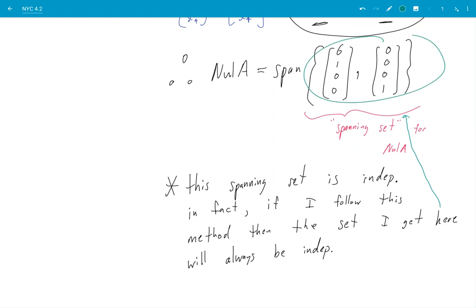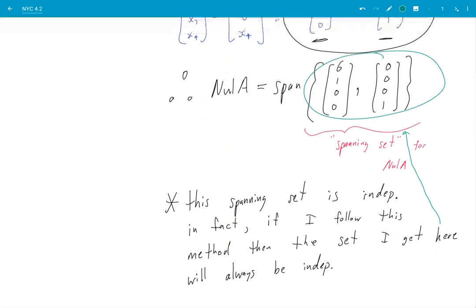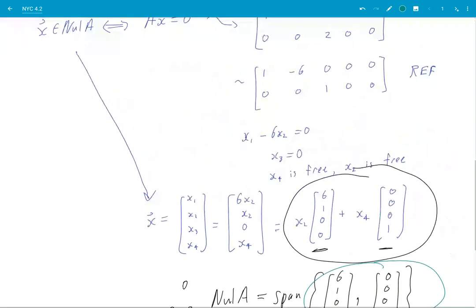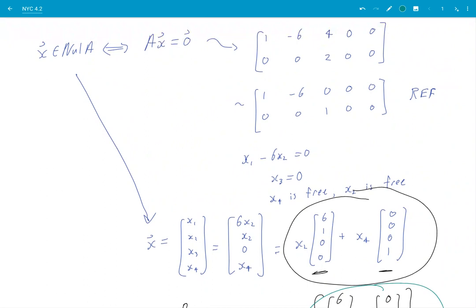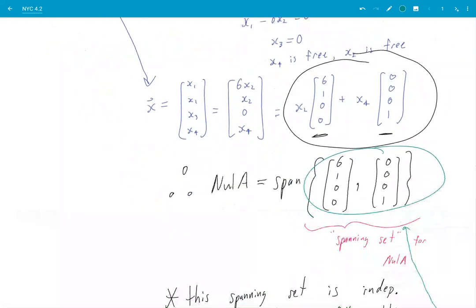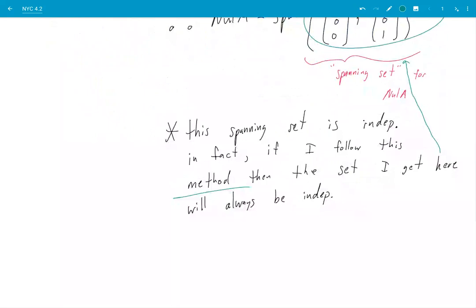So this set that came out, without the span, will always be independent if I follow the method, meaning you have to make sure you reduce to reduced echelon form. That fact takes a bit of thinking about, but I'll just leave that alone for now.